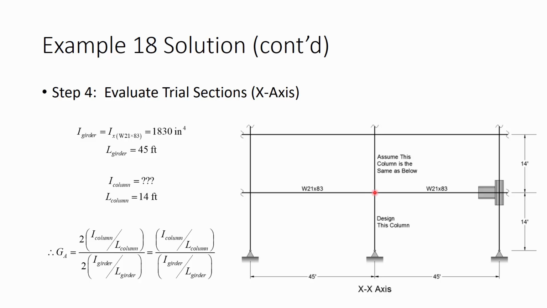So the G value would be computed, as you can see down below, as an I over L of the column plus an I over L of the column, so 2 I over L's for the columns, and the same thing for the girders: an I over L for the girder on the left and an I over L for the girder on the right, so 2 I over L's for the girders. But you can see I have a 2 and a 2, so I just cancel that. This slide is just me doing a little bit of algebra to make some of the later calculations a little less repetitive and somewhat more straightforward.